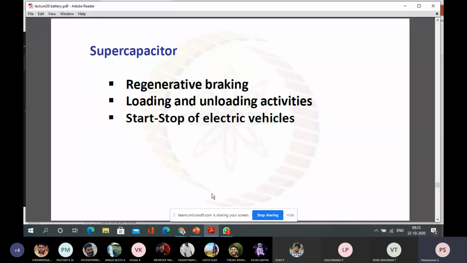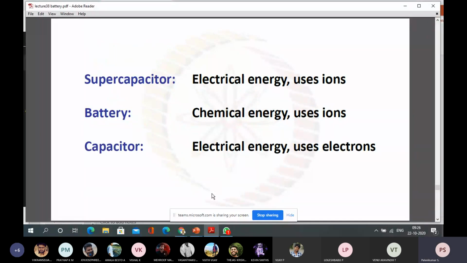During starting, in order to overcome the dead weight of the vehicle and its moment of inertia, we need a very high starting current. So automatically a huge amount of energy is needed from the battery. So the depth of discharge will be more than in normal running. At that time, it can support the main energy storage system, the batteries. So that's the role a supercapacitor plays in electrical vehicle applications.